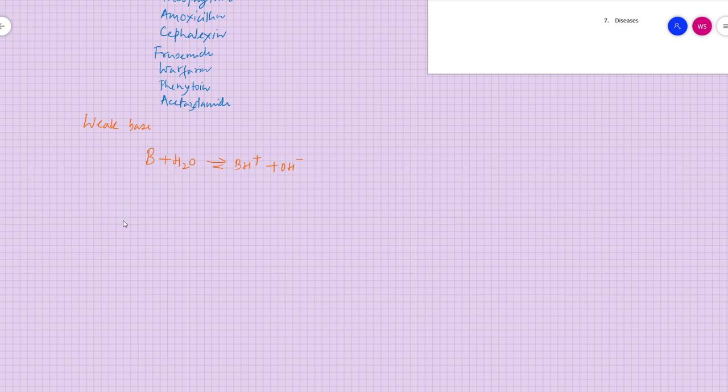Now, similar to the one above, if pH is less than pKa, then in the case of weak bases, the equilibrium would be shifted to the right, like so.